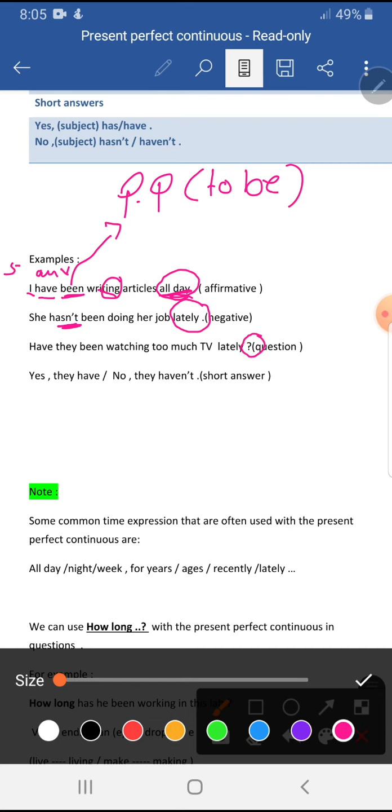Question mark at the end, and we start with have because we have the subject they. Also lately, this is a time expression, and the short answer will be yes they have or no they haven't.